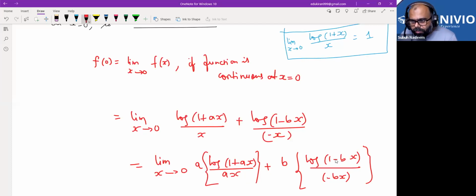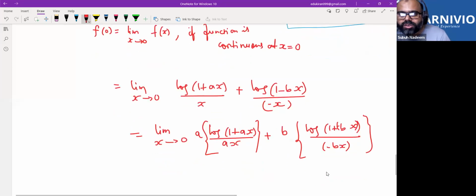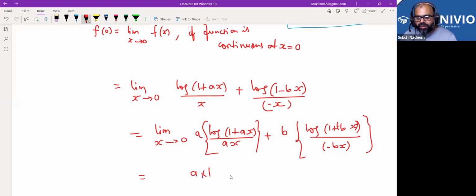Because 1 minus bx can be written as 1 plus minus bx. So 1 plus minus bx by minus bx it is. So this becomes a into 1 plus b into 1. So it will be a plus b. So this will be your answer. Let me write it more clearly here.